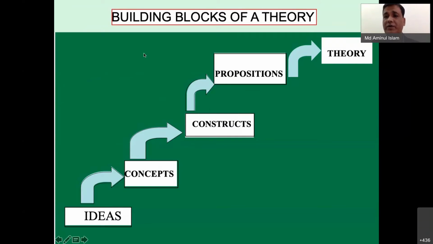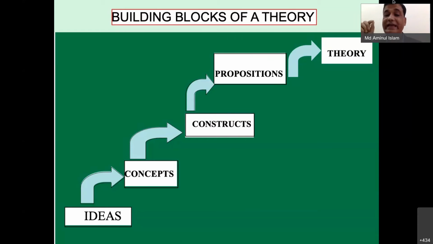When we talk about theory, we start with ideas. And then from ideas, we convert into concepts. A concept is something visible, while ideas may not be understandable, may not be measurable, it's not something visible. So when you convert an idea into something that is at least visible, that people can understand, it's a concept.